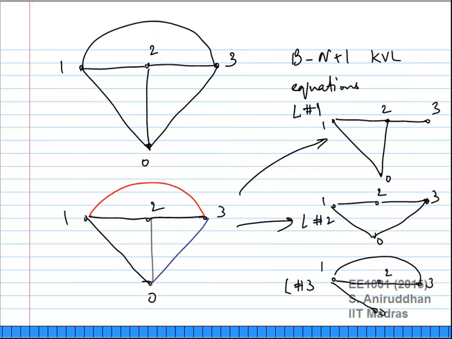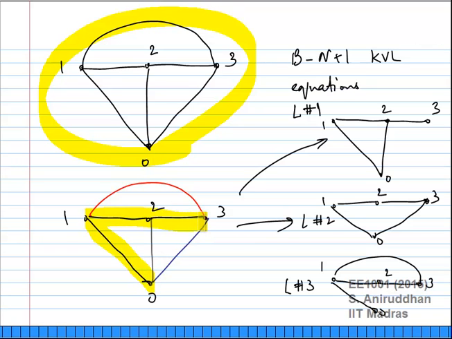So we took an example of a graph which looks like this, which is shown on top here, and you can take any tree. The tree you can choose to take could be this, and following that you could draw three loops by adding the rest of the remaining branches, that would be this, this and this, correct?